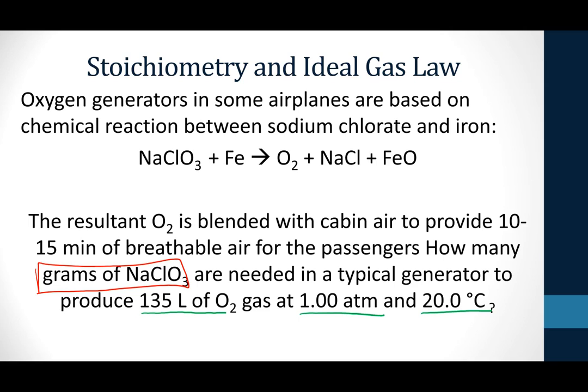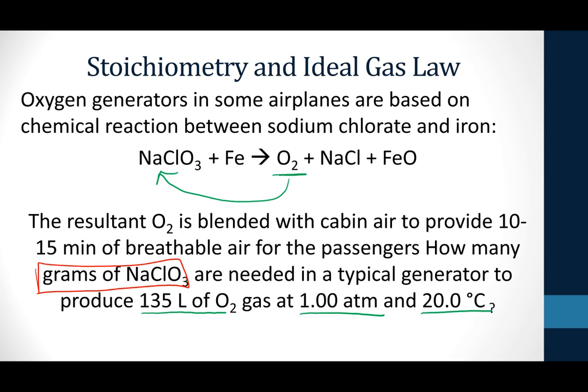Okay. So we need to find a way to get from oxygen, which is the information that's provided in the problem, to sodium chlorate, which is the information that it's asking about. That's where the stoichiometry comes in. So remember, stoichiometry would allow us to change from units of oxygen back to units of sodium chlorate.